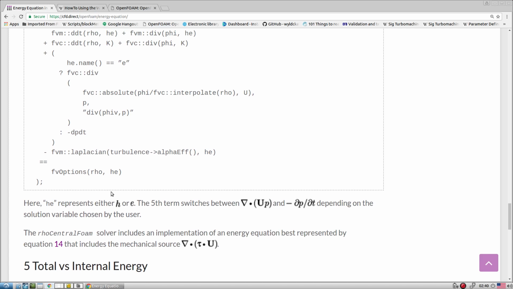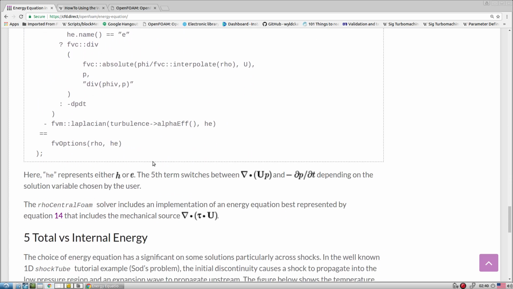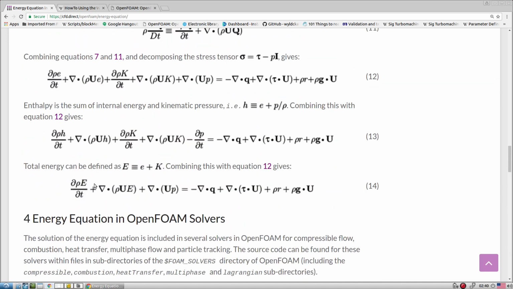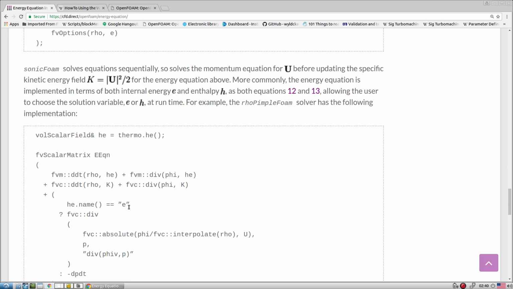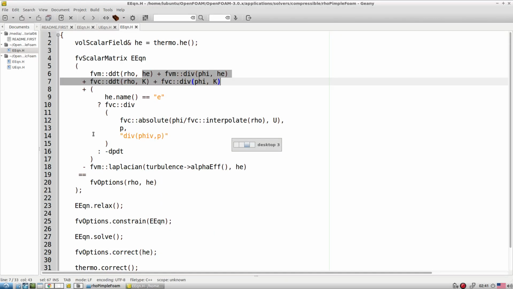That is exactly coded inside rhoPimpleFoam, and the rhoCentralFoam solver also implements the energy equation, best represented by equation 14. This is in terms of total energy, which is available in rhoCentralFoam. So let's look at that as well.